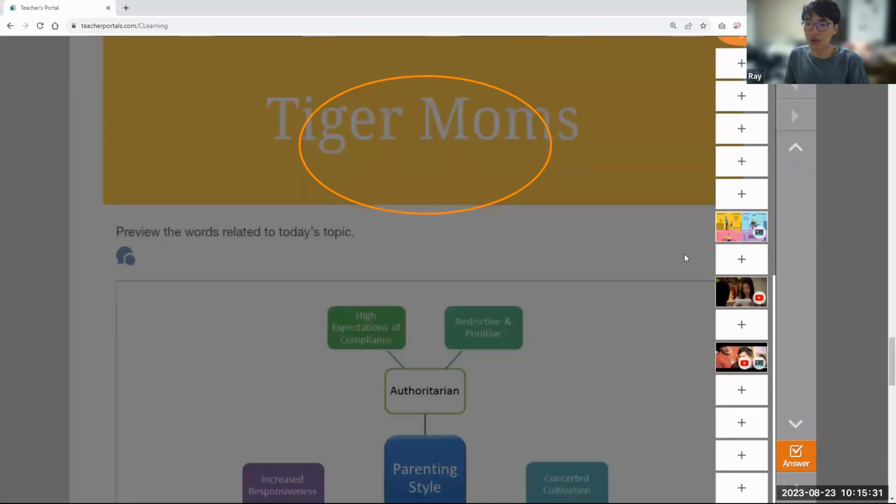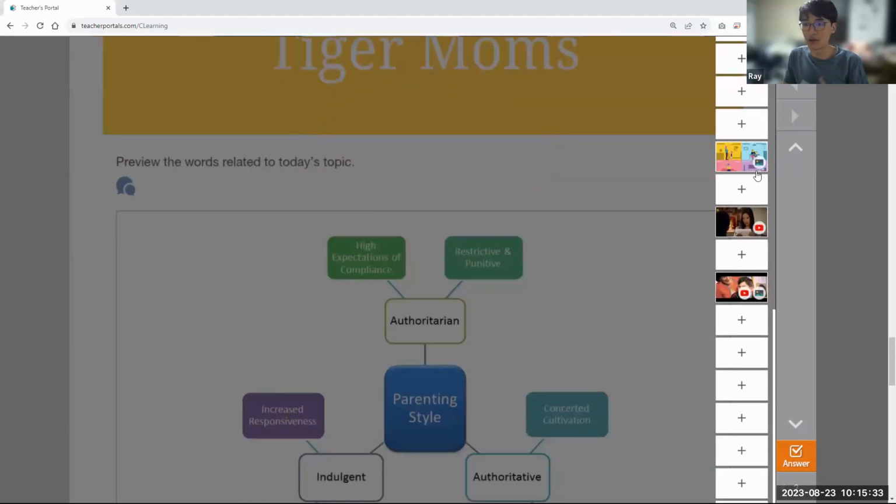Again, media cards are always good, so you can always incorporate pictures or videos of the specific topic. Just one thing you need to make sure for videos is you have to watch the whole video so you know what the content is and that it's age appropriate for your students.